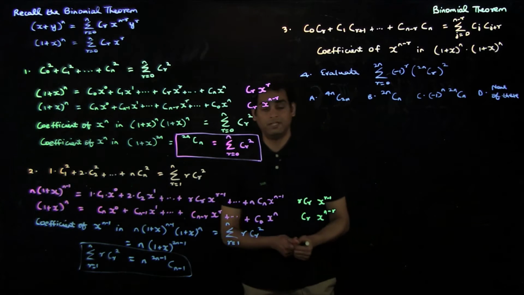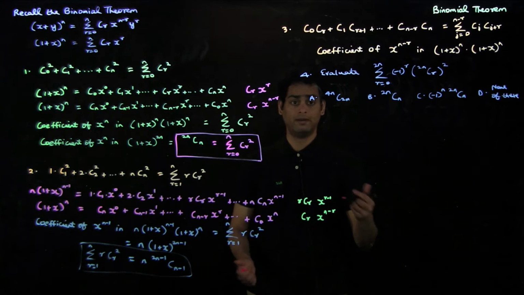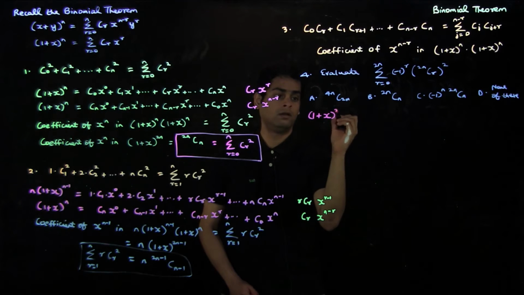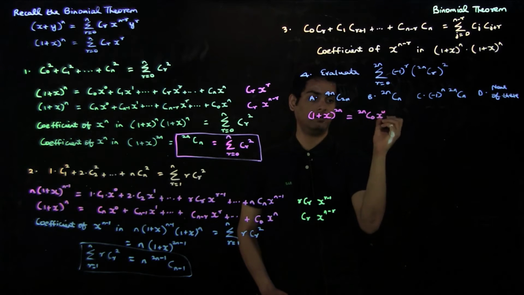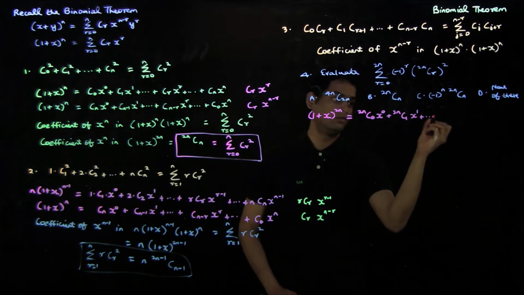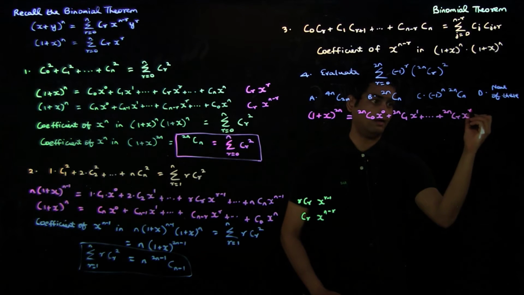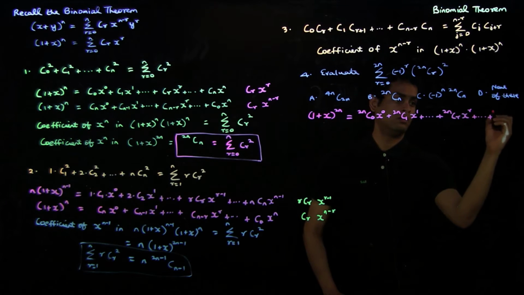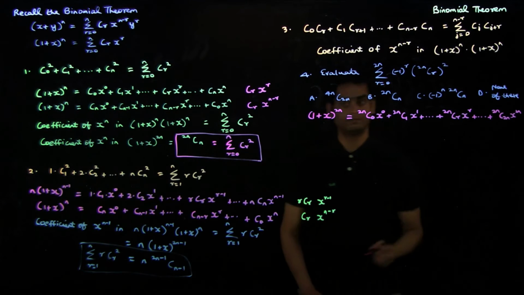So as we've seen earlier, you can get 2n cr from the expansion of 1 plus x the whole power 2n, and so we can write out 1 plus x the whole power 2n as 2n c0 x power 0 plus 2n c1 x power 1, and so on till 2n cr x power r, and so on till 2n c2n x power 2n.